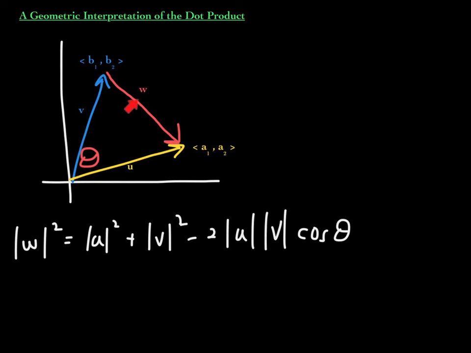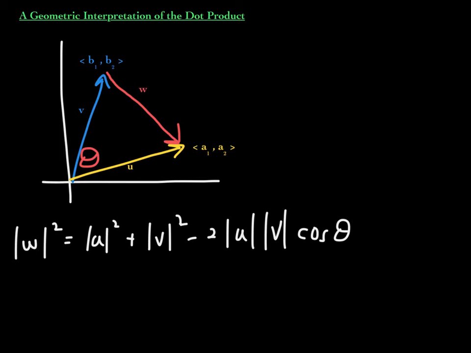I've named it w. Now, the law of cosines says the length of this vector, basically its magnitude, quantity squared, is equal to the length of this vector, u, quantity squared, plus the length of this vector, v, quantity squared, minus 2 times vector u times vector v times cosine of our angle theta, which is opposite this vector w.